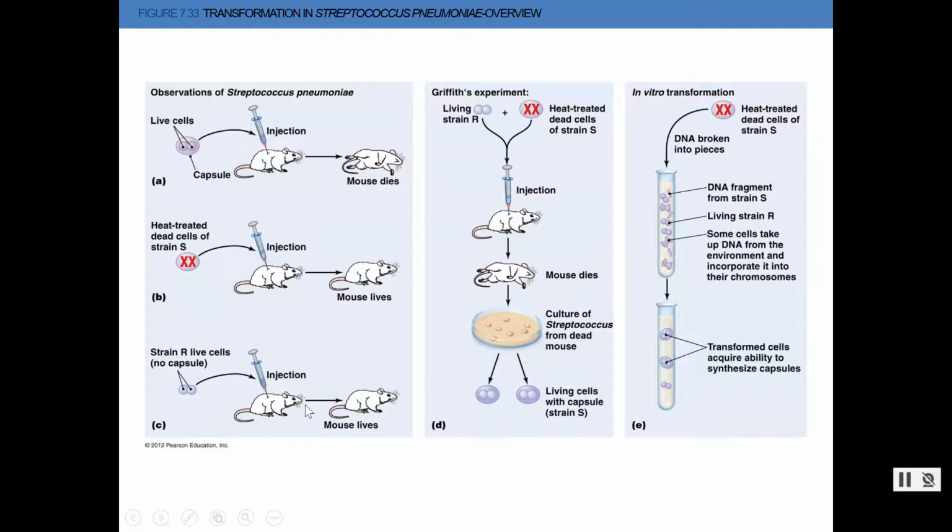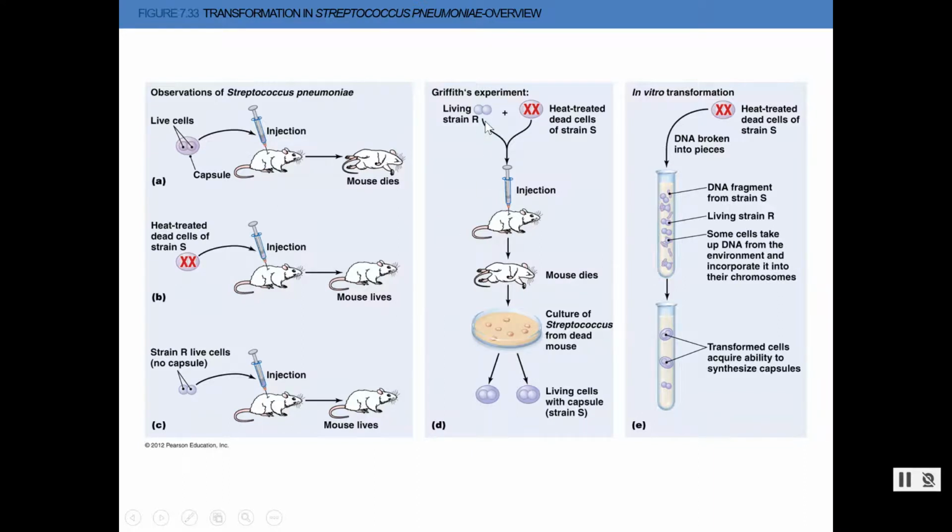And so his experiment was, what happens if you inject living strain R and dead strain S into the same mouse? What would happen then? Your hypothesis could be that the mouse is going to live, since living strain R, the mouse lives, and dead strain S, the mouse lives. So let's do the experiment and see what happens.